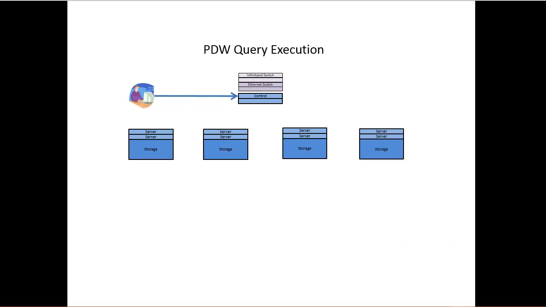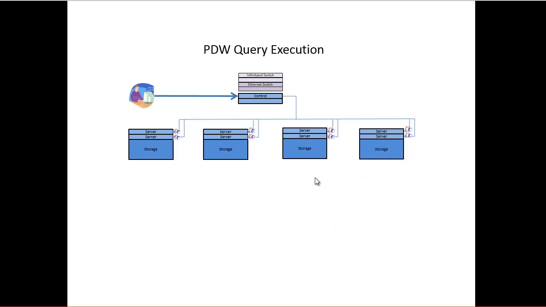And what happens is the control node has a few ways of knowing what data is where, and it'll actually take your single query and develop what's called a distributed query plan. So it will break down your single query into multiple queries that it then sends individually to the underlying compute or processing nodes.